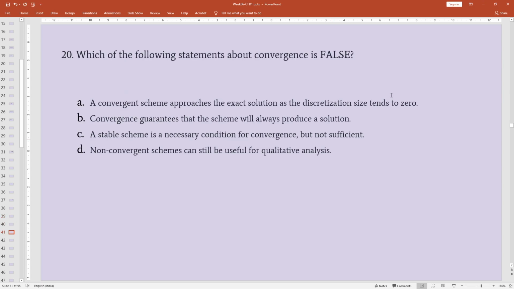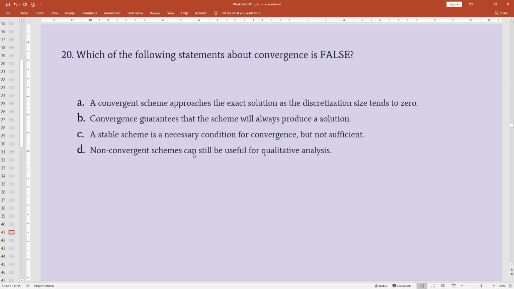Next question. Which of the following statements is false about convergence? So which of the following is not true about convergence? Option A, a convergent scheme approaches the exact solution as discretization size tends to 0. Option B, convergence guarantees that the scheme will always produce a solution.